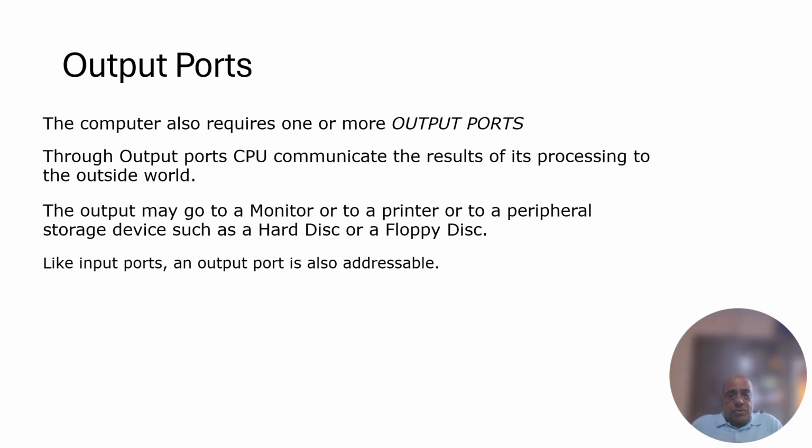Through output ports, CPU communicates the results of its processing to the outside world. The output may go to a monitor or to a printer or to some other peripheral device such as hard disk, floppy disk, and so on. Like input ports, output ports are also addressable.